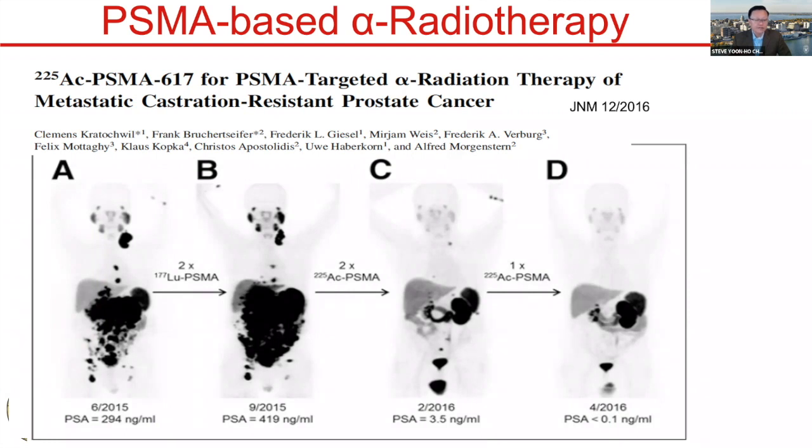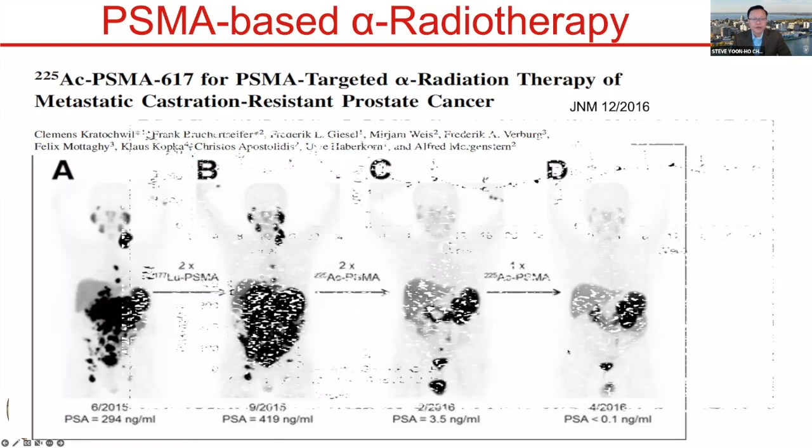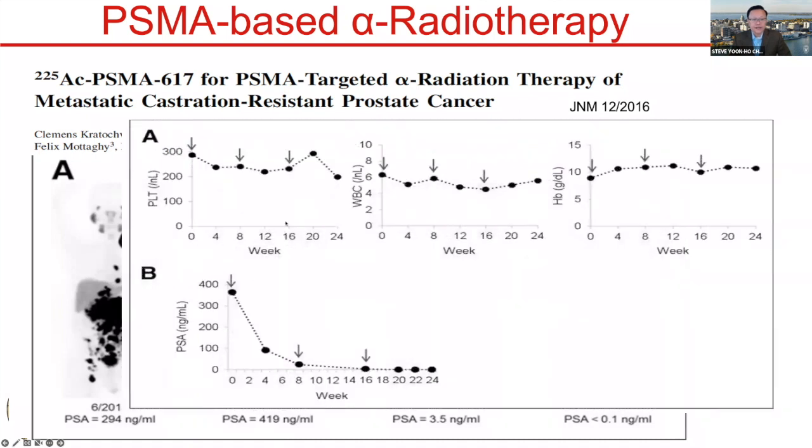So the cells don't have time to necessarily recover from the DNA strand break. So these patients actually then respond very, very well when they were otherwise resistant to the beta radioactivity, to the alpha radioactivity. And then for these patients, the PSA, the white cell counts and everything else look relatively stable, whereas there was a dramatic response in PSA.